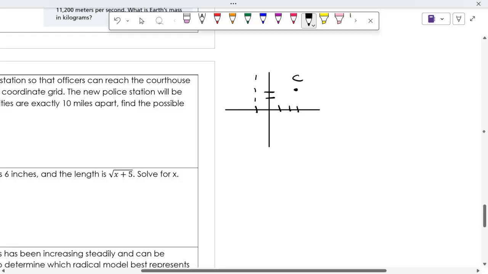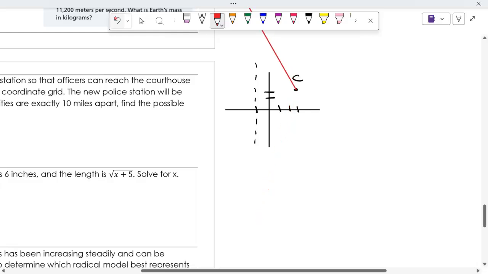It's somewhere on this vertical line that we have right here. And so it needs to be, from the courthouse to the police station, a distance of 10. So wherever along this line is, that would get me 10.